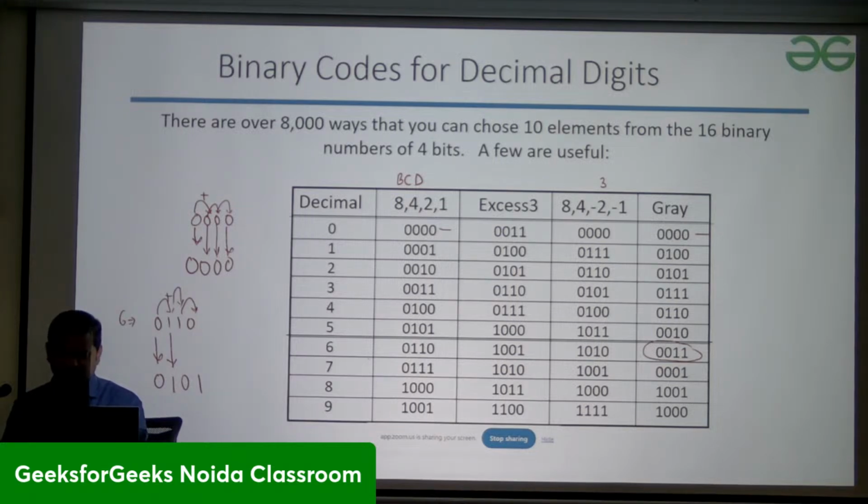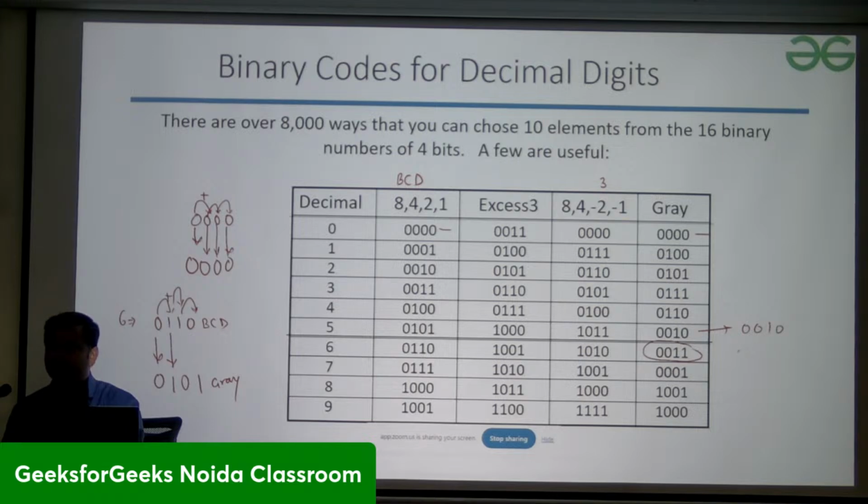Okay, this is BCD to gray. Now if you want to convert from gray to gray, for 5 the gray value is 0 0 1 0.